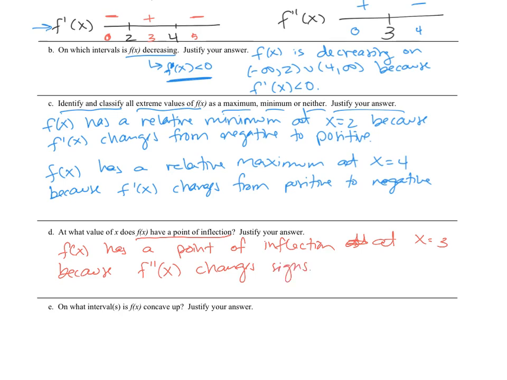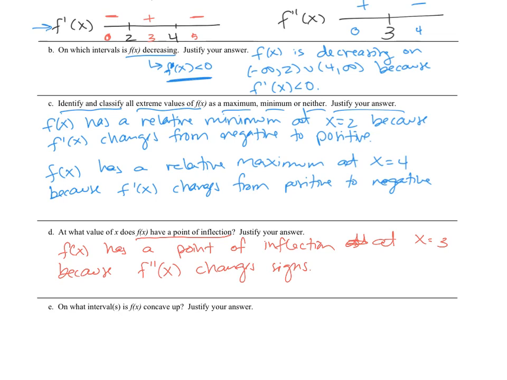I don't have to put that f double prime of x equals 0. If f double prime of x is changing signs at x equals 3, it's understood that in order to change signs, you have to pass through 0. So you can just simply state that f double prime of x is changing signs, and that is why I know that f has a point of inflection.